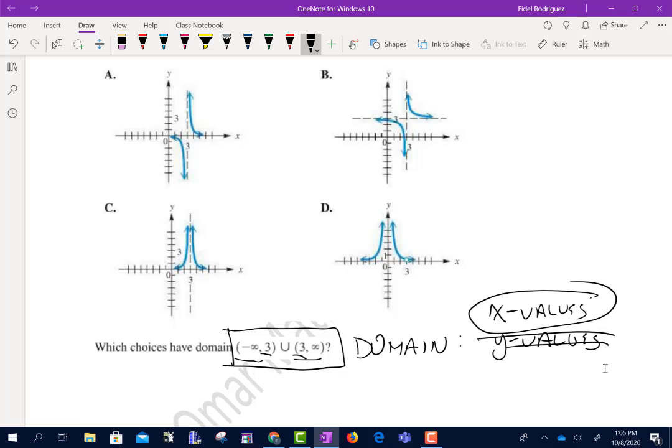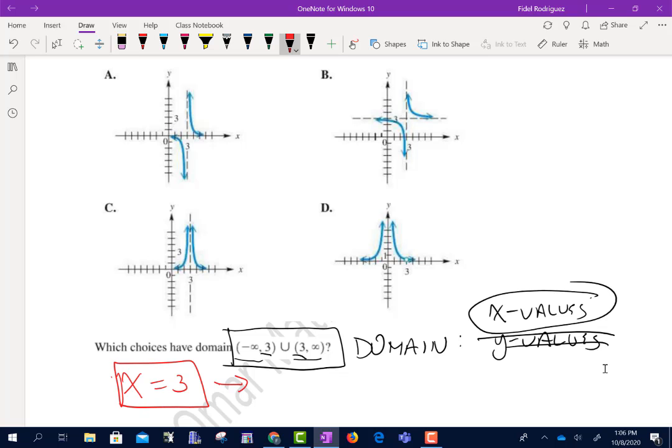So if I were to look at my picture, they all have 3s on them. I see a 3 here, a 3 here, a 3 here, and a 3 here, okay? But what we want to figure out is which ones have the domain from negative infinity to 3 and then from 3 to infinity. That means that the number we're not including is x equals 3. Okay?